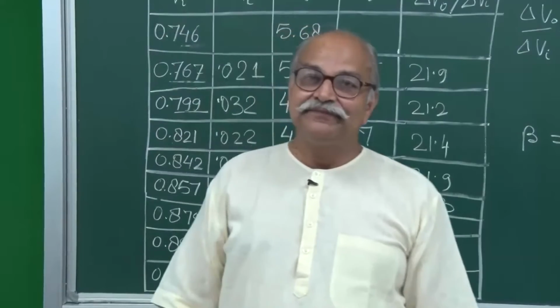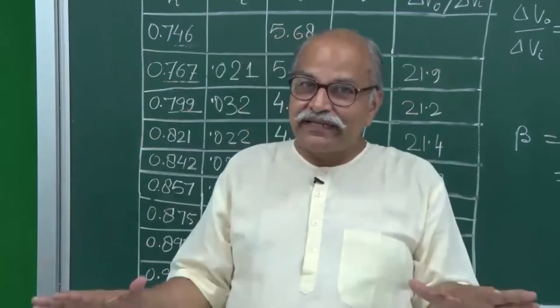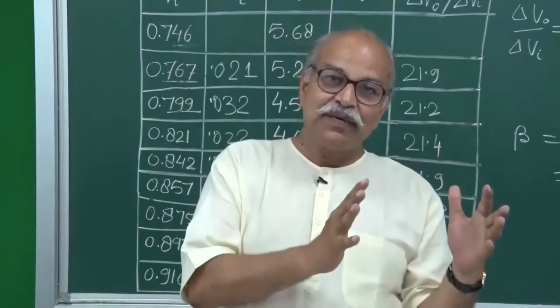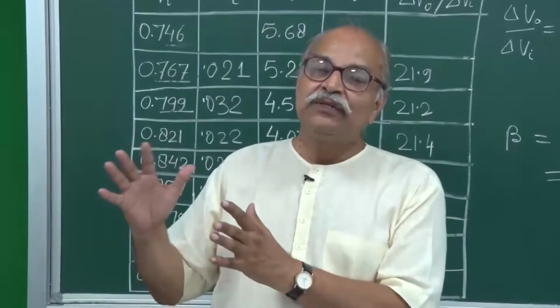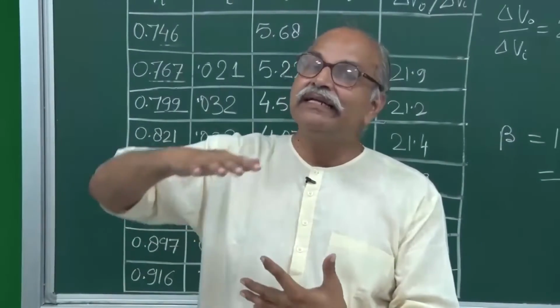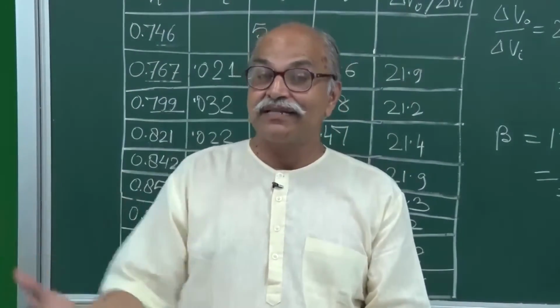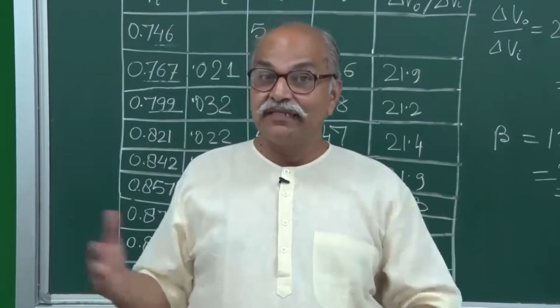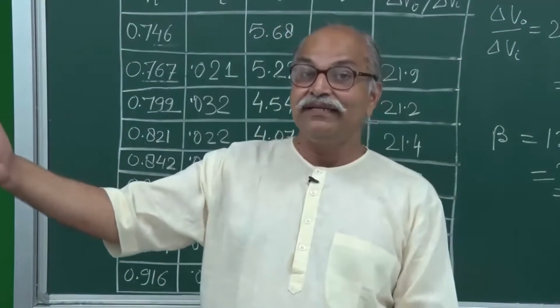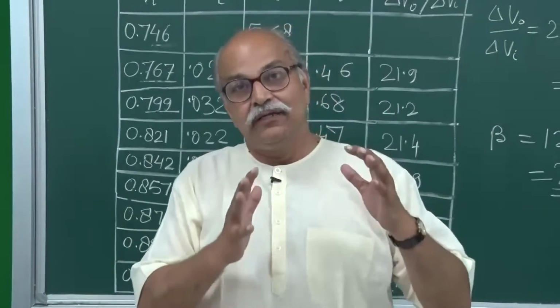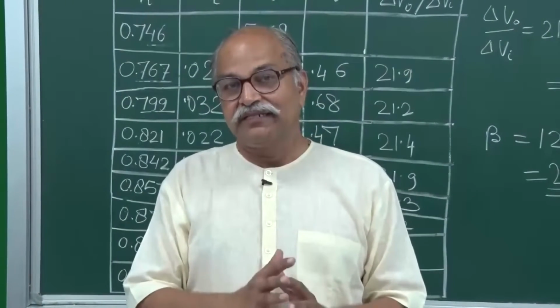The benefit is, as you know, in the transistor circuit you have two parts. One is the input part, one is the output part. Now in this output part, the current is higher. You have beta times more current there. If beta is 200, then 200 times more current is there. The input side is a low current part.